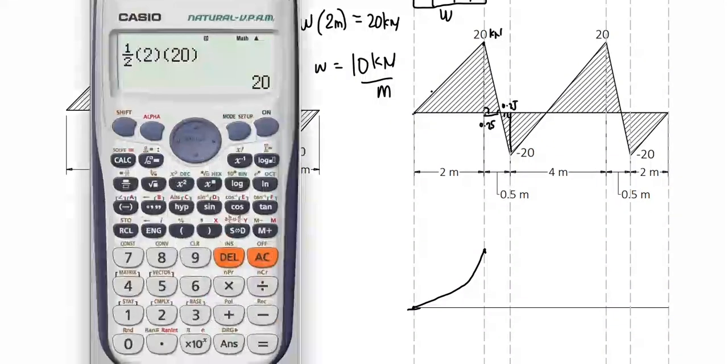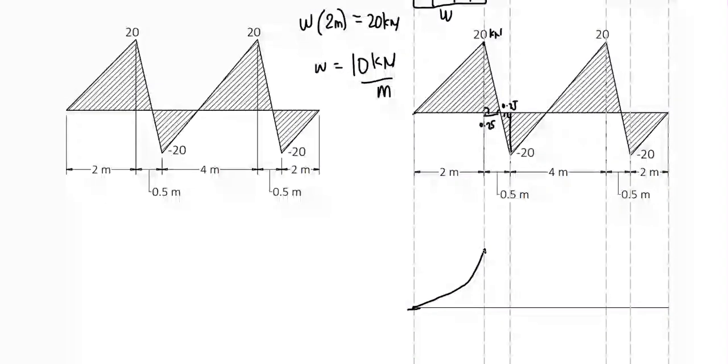Now we can solve for the area of this triangle here, that is 1/2 times the base of 0.25 times the height of 20. That's 2.5. Therefore, we add this up to this moment right here, which is a value of 20. Therefore, this moment right here would increase to a value of 22.5 kilonewton meters. Let's write down this value.